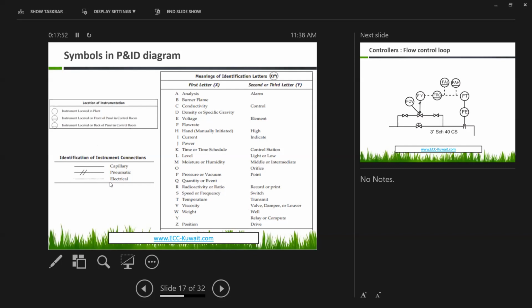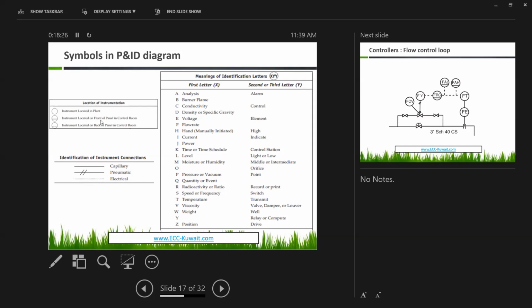The pneumatic is an air signal, by compressor or compressed air, to open and close the control valve, the diaphragm. The electrical is the signal transferred from one flag or instrument to another inside the control room. And we can see an example later.